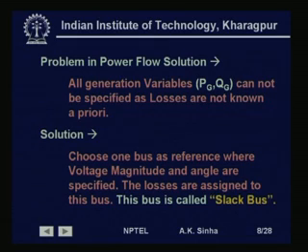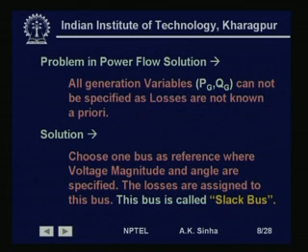Till all the generations are available, we do not know what the loss in the system is, and since we do not know the loss, we cannot know all the generation, because the sum of loads and the losses must be equal to the total generation.